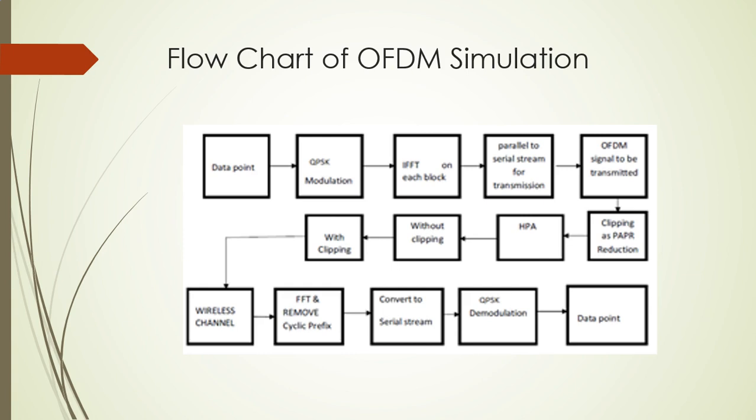The figure shown is the flowchart of the OFDM simulation. The input data undergoes QPSK modulation, and then the transmitter converts the input data from a serial stream to parallel sets. Each set of data contains one symbol for each subcarrier.